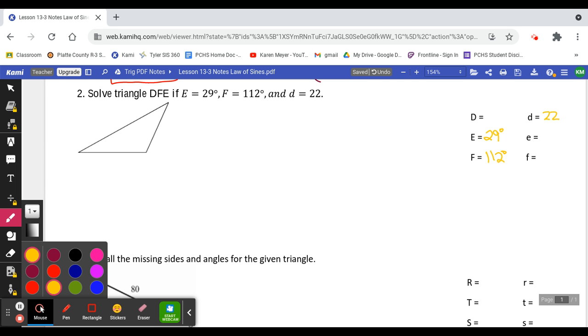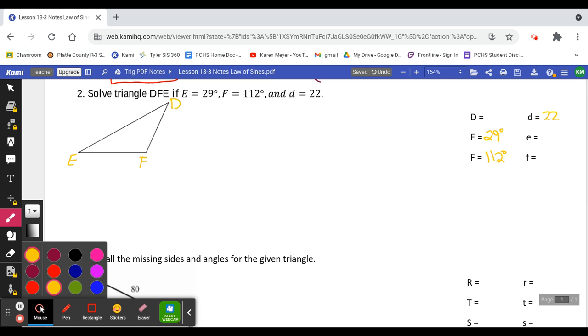So now when I just have a random triangle drawn here, remember, don't draw a right triangle because there are no right angles. We get to label the triangle however we want. So I'm just going to choose to go E, and then F, and then D at the top.